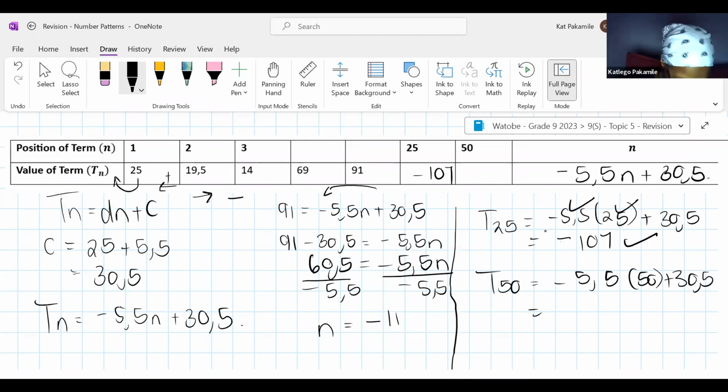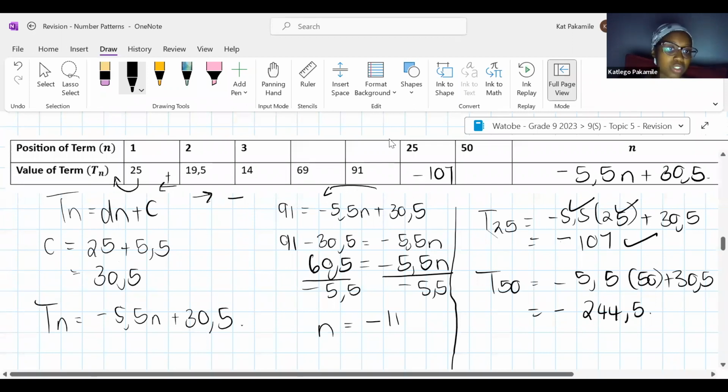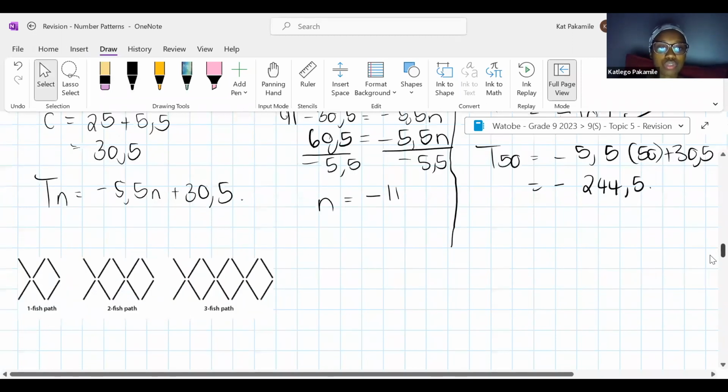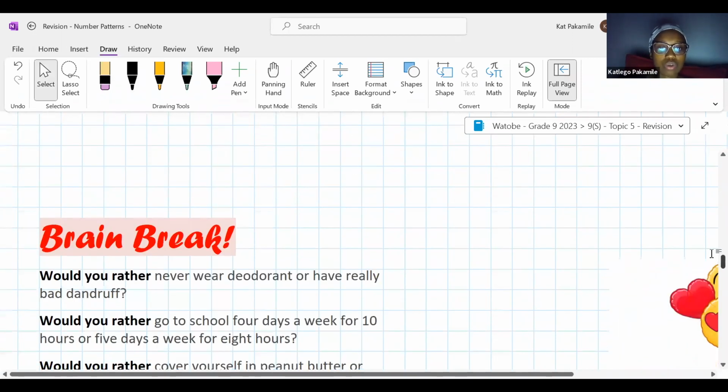Trying to do this in the dark is very difficult. It's 244. So in position 50, we have negative 244,5. Okay, that wasn't that bad, except for the fact that my positions are negative, which can't happen. But I hope you guys sort of understand how to do these. We're going to skip these and go to our brain break.